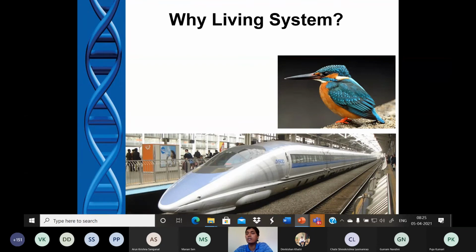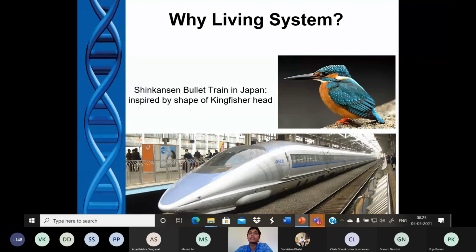It just goes straight in, and almost 99% of the time it succeeds in catching the fish without creating any problem. So this engineer Nakatsu was trying to design the front part of the rail engine, and he replaced it with a kingfisher-like head. I'm telling you about the model, not an actual kingfisher head.